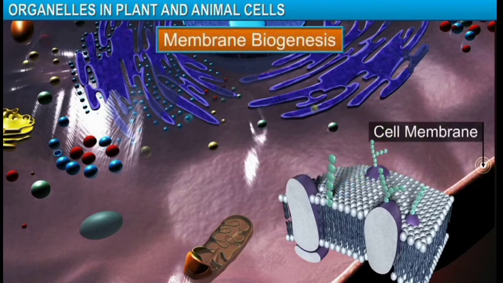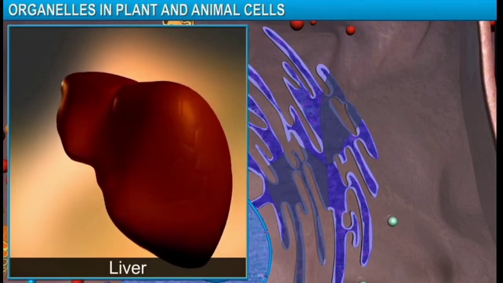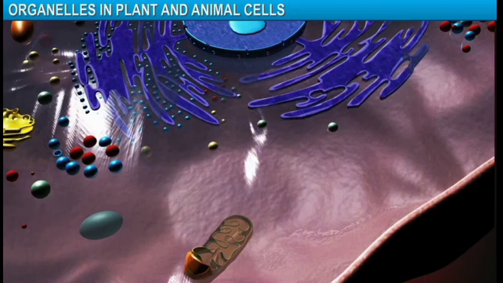This process is called membrane biogenesis, and some function as enzymes and hormones. Smooth endoplasmic reticulum also plays a major role in detoxifying many drugs and poisons in the liver of vertebrates. Endoplasmic reticulum serves as channels for the transport of proteins between various regions of the cytoplasm.